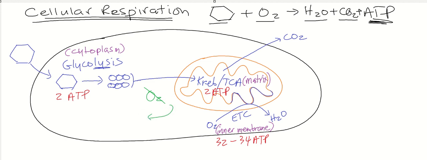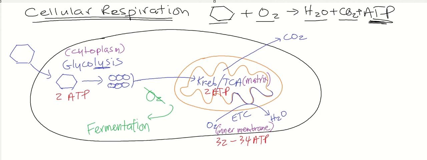So when there's not enough oxygen, cellular respiration continues through fermentation. And this is known as an anaerobic process. Anaerobic means without oxygen. Fermentation will take the products of glycolysis and turn them into other byproducts.